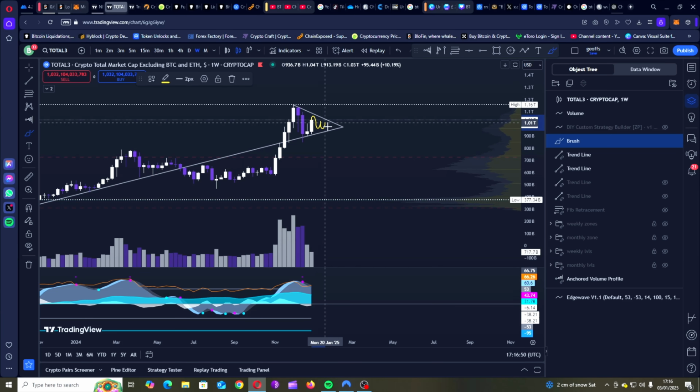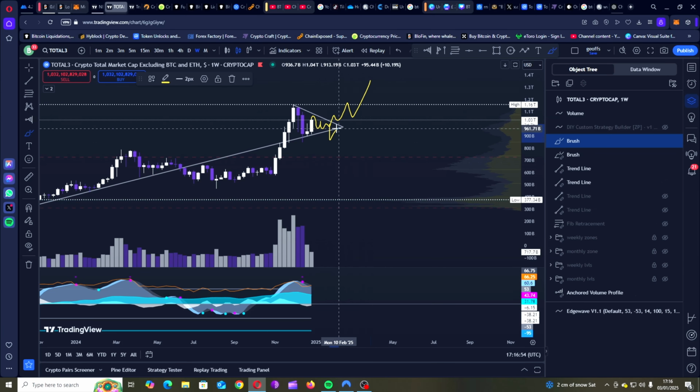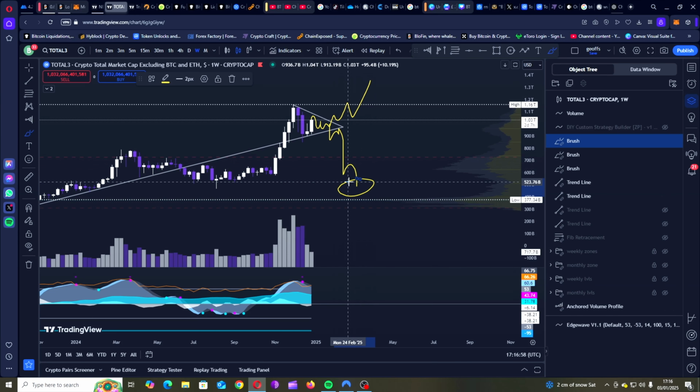We might trade inside this range a little bit longer, but if we get out, then we're firing. If we drop below, we may drop hard. I'm not saying we're going to drop to that area, but we may drop hard to possibly this zone here, which was a previous resistance zone, and hold and then fire again. So keep your eye on that.